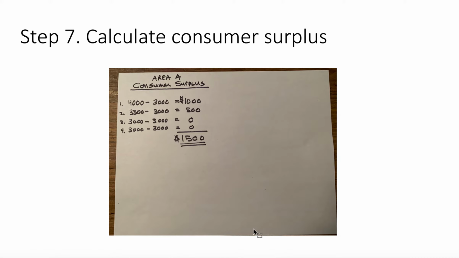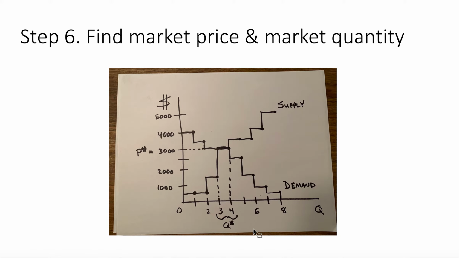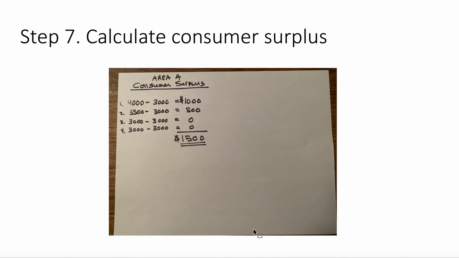Looking at this graph, we see that there are 3 to 4 sales. So let's assume we've got 4 sales, the maximum. The people who are going to buy are the people to the left of Q star. So the maximum willingness to pay was 4,000 minus the market price of 3,000 for buyer 1, the first sale.